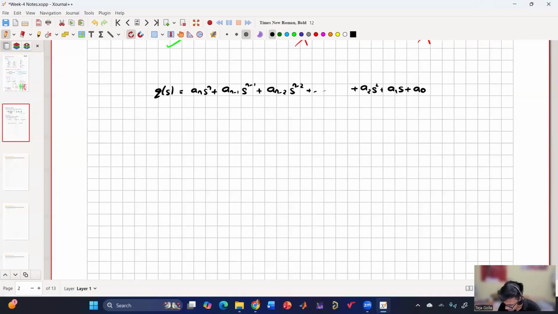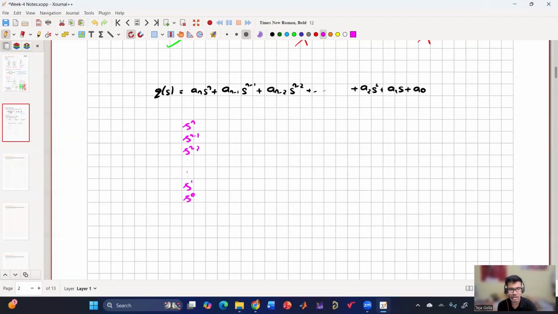So how do we draw it? On the left hand side, we have all the powers: s to the power n, s to the power n minus 1, s to the power n minus 2, and so on up to s to the power 1 and s to the power 0. The first two rows come from the polynomial.